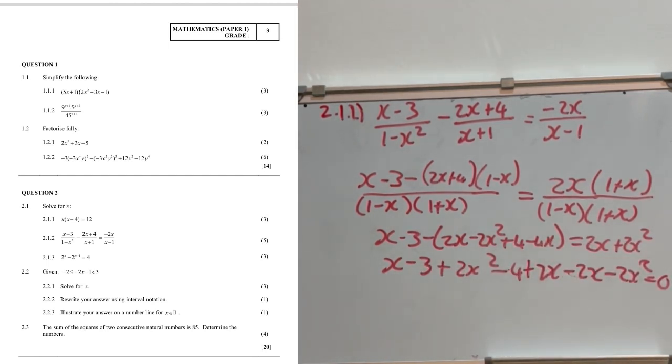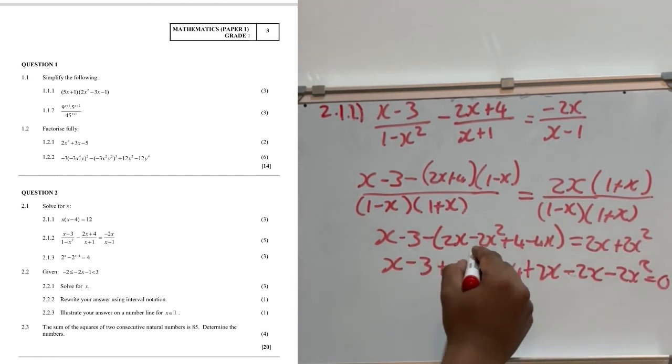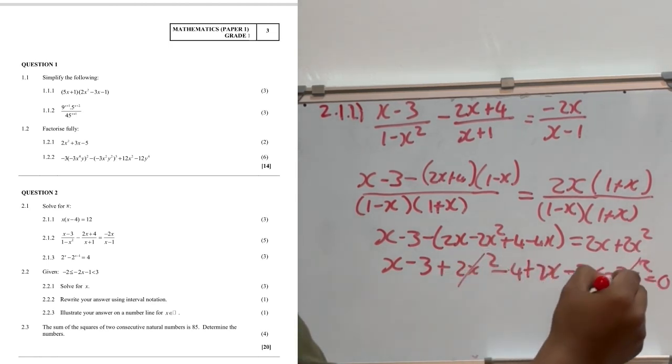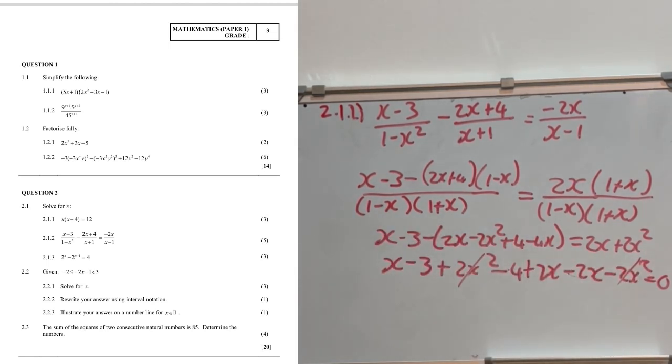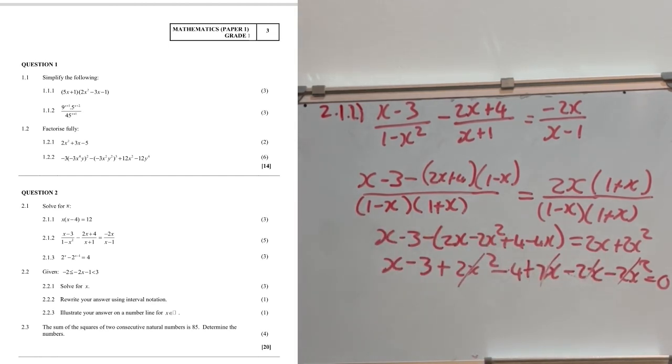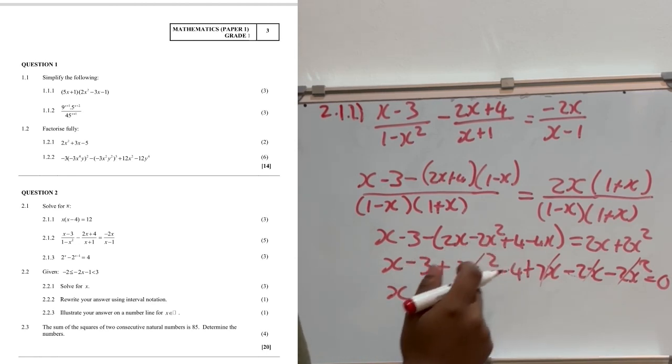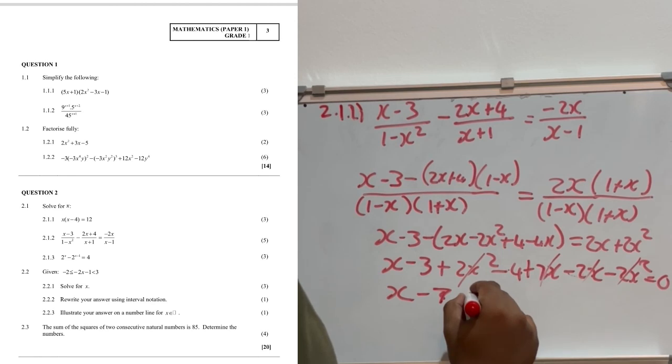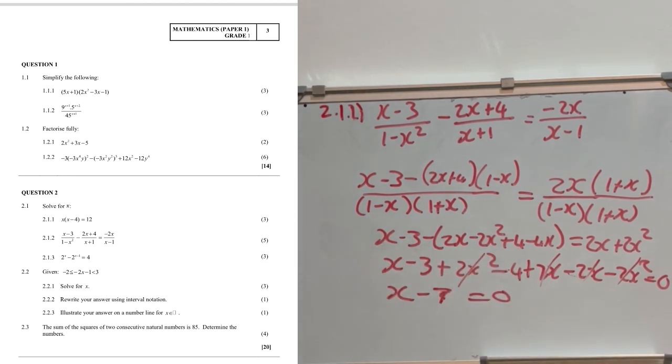So what can we simplify here? First of all, the 2x squared can cancel over 2x squared, and the minus 2x cancels over minus 2x. Then we have x minus 3 minus 4 is just minus 7 equal to 0. And then x is just equal to 7.